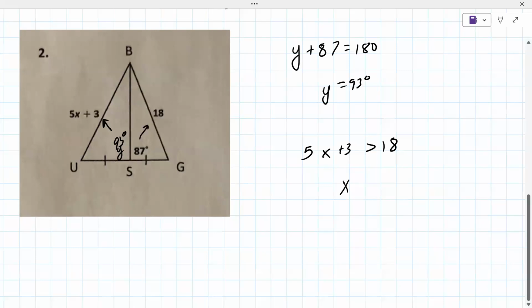Okay, but it's an inequality. So is it greater than or less than? What symbol goes? Oh, 3 is less than. Yeah. You want to read it though from left to right. So x is greater than 3. Okay. All right, good job on that. We will continue here.